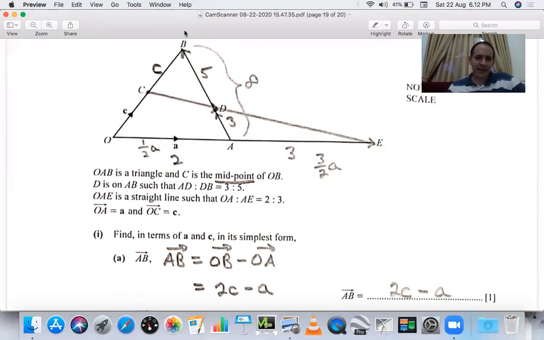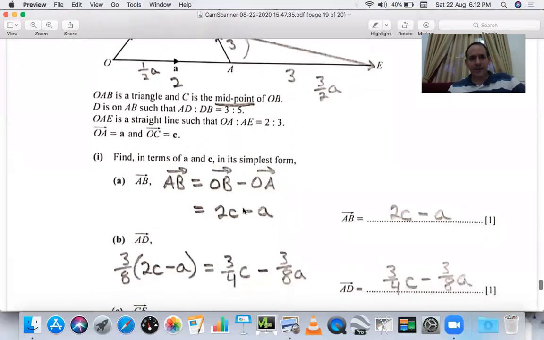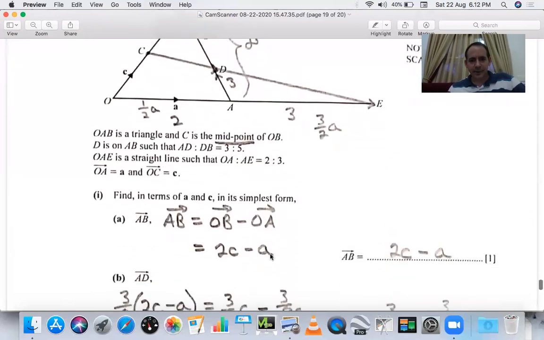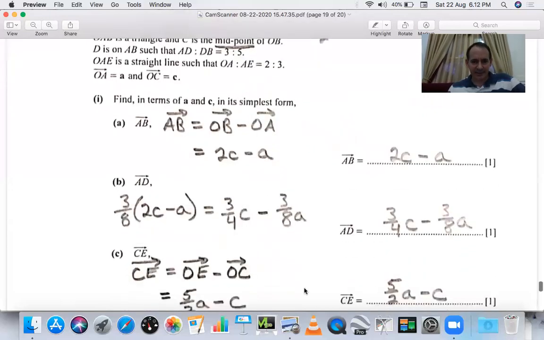A to B is going this direction. We're starting at A, ending at B, end minus start. So OB minus OA. So that gives us 2 C's minus an A. 2C minus A is the answer.